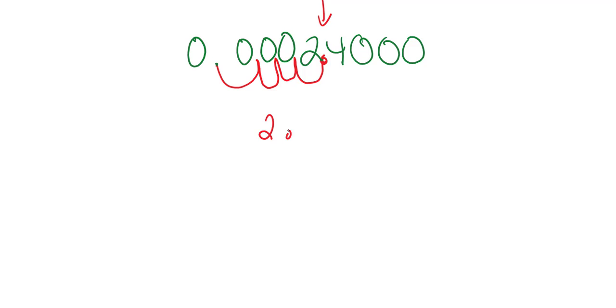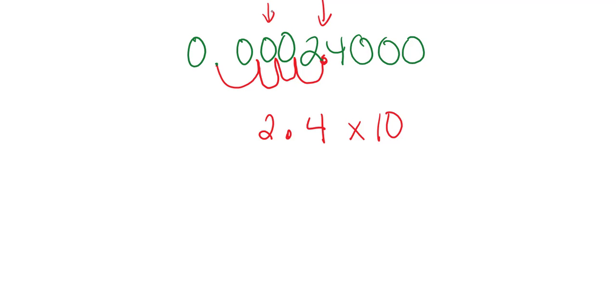So let's rewrite this. It's 2.4, and we don't need to add those zeros after, it doesn't do anything. So we can just leave it as 2.4 and then times 10. Now notice we moved the decimal to the right. So we have a really small number here, 0.00024 is a really small number.